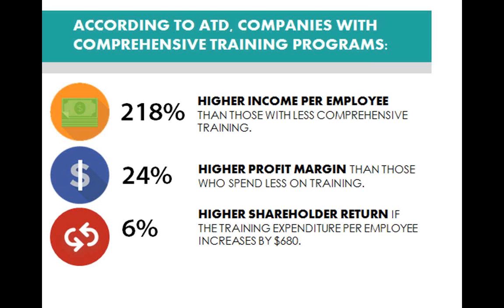But we're seeing, at least among the organizations that participated in the survey, which is a fairly small number, by the way, that the member organizations in ATD that are committed to this are seeing some results. And these are really interesting data points that you can use.